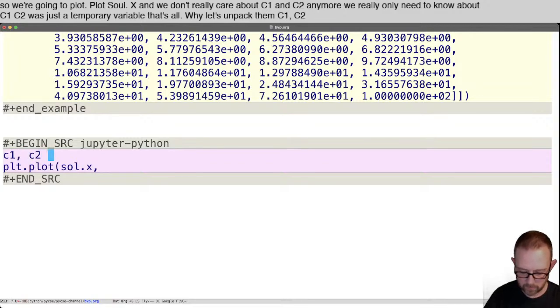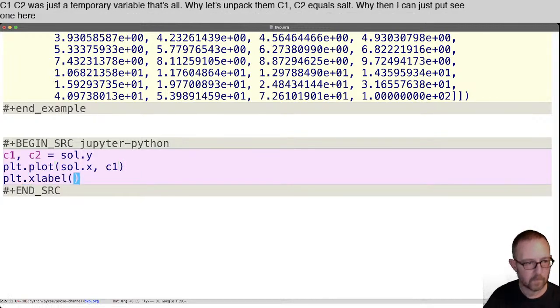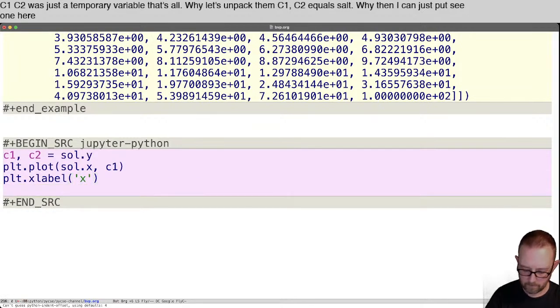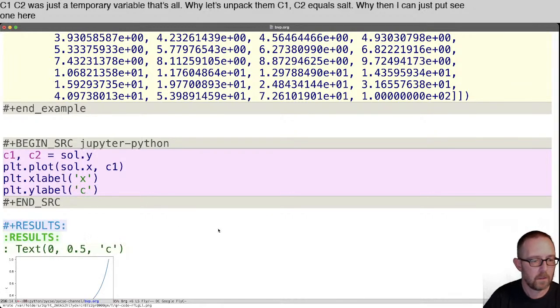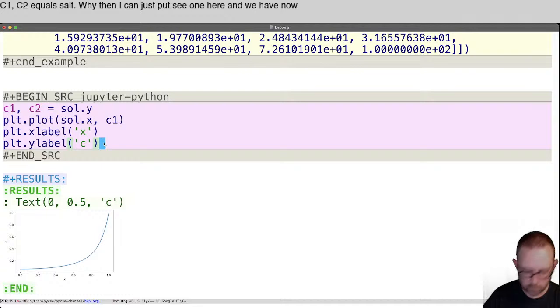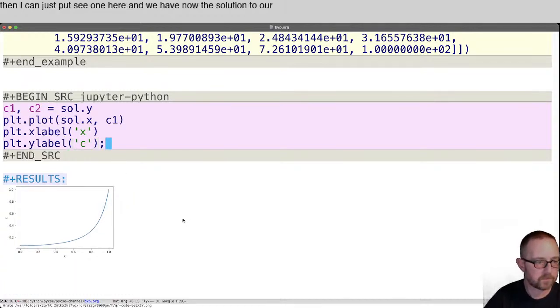C1 comma C2 equals sol.y. Then I can just put C1 here. And we have now the solution to our boundary value problem.